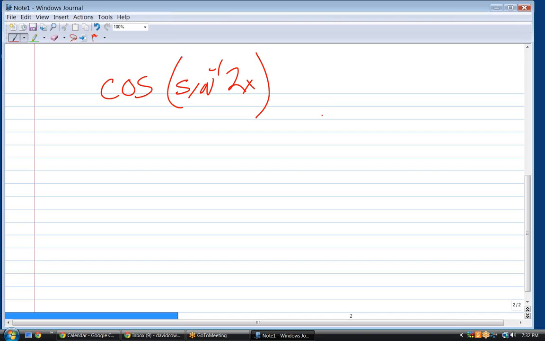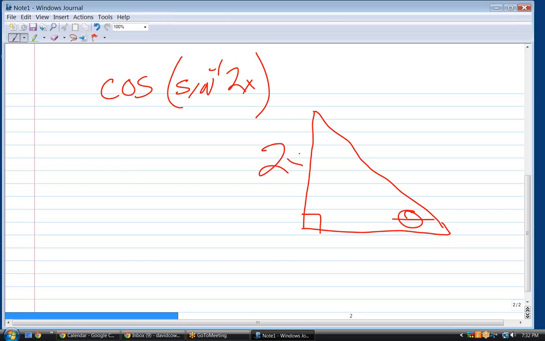All right. If we draw a triangle and label that theta, if the inverse sine is 2x, then that's 2x, and that's 1.